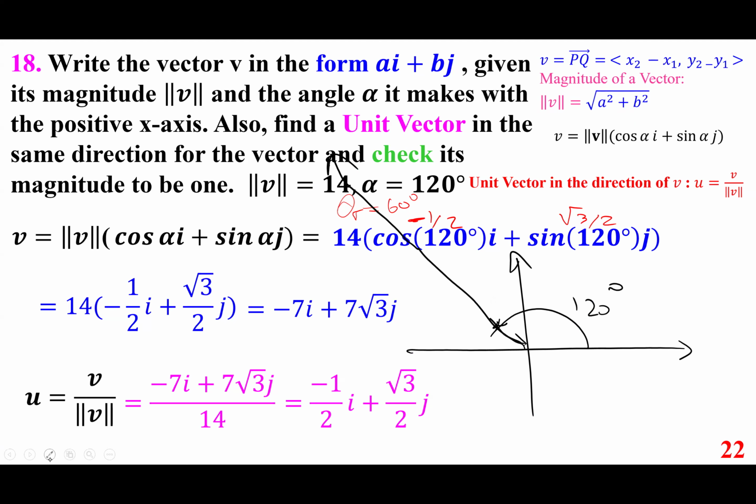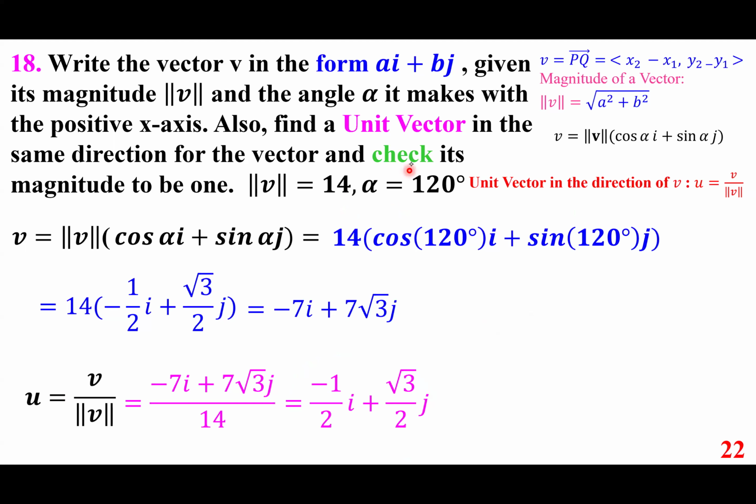So if this is the vector, now what we are saying is that this one is this portion of it, some portion. Why some portion? Because we want to limit this to a unit vector, which means the magnitude must be 1. That's the concept.